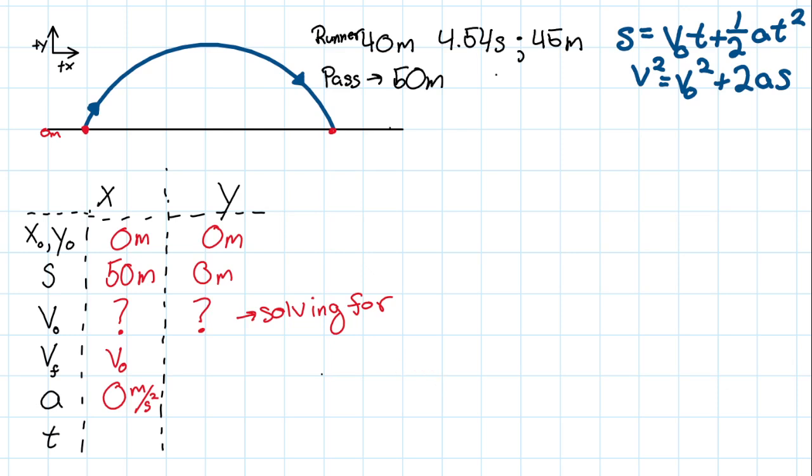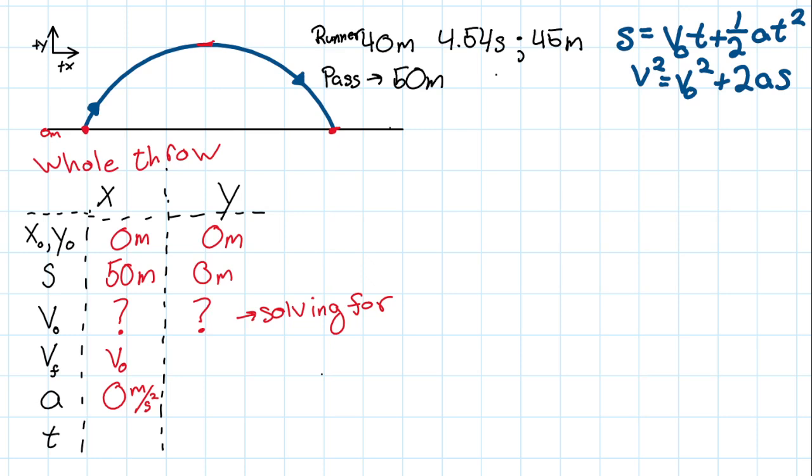And then in the y direction, the final velocity is not 0, right? The velocity up here in the y direction is 0, at the apex. But at the end of the throw, because here we're considering the whole throw, we don't actually know what the final velocity in the y direction is.